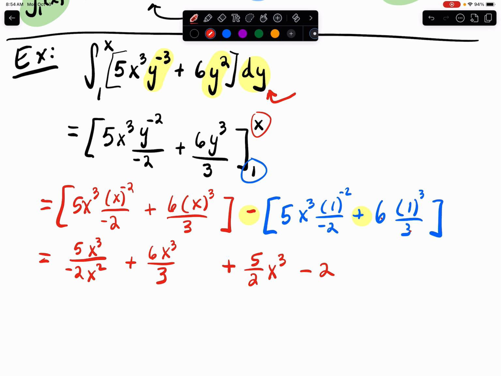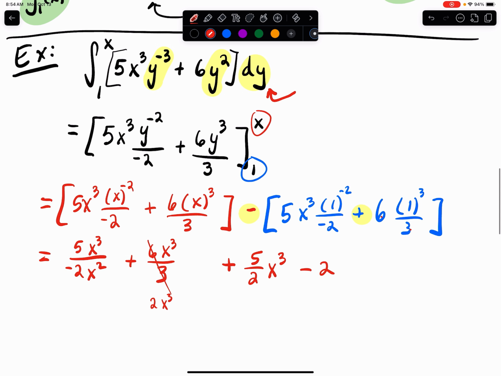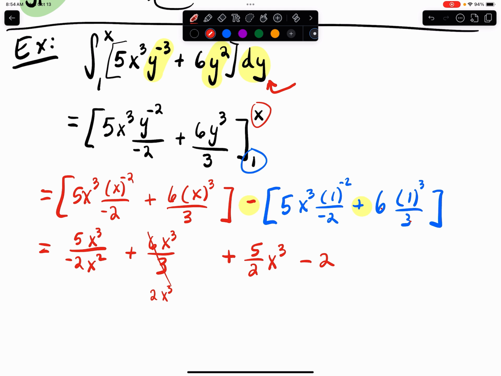All right, so I'm going to combine like terms where I can. This is going to reduce. That's going to end up being 2x cubed. This is going to be minus 5 over 2x because the x's are going to cancel.